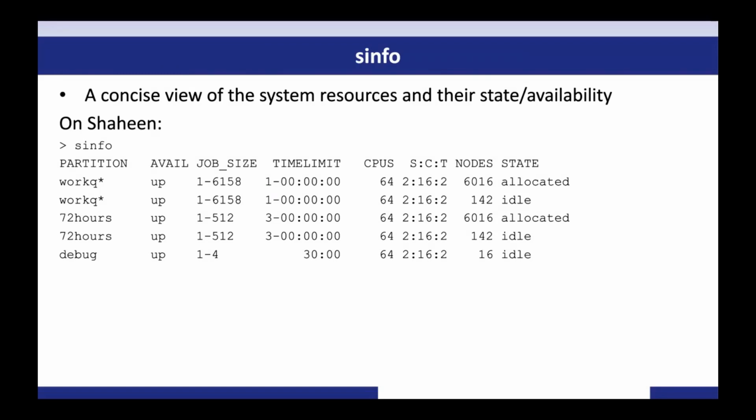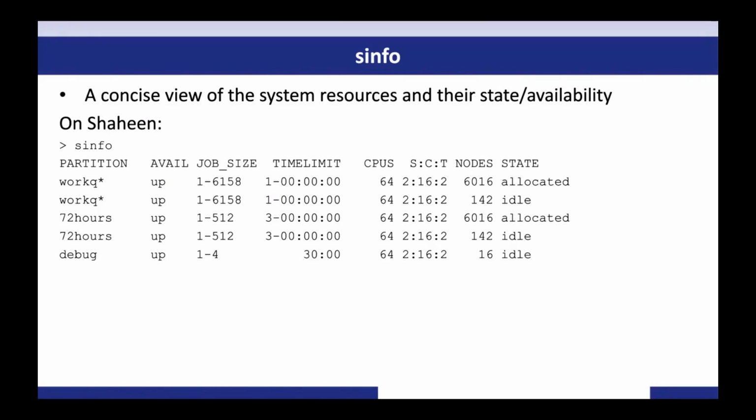The second column shows the status of this partition or queue. The third column lists the allowed size in terms of number of nodes for each partition. For example, the work queue allows jobs of size ranging from 1 to 6,158 nodes in this case.